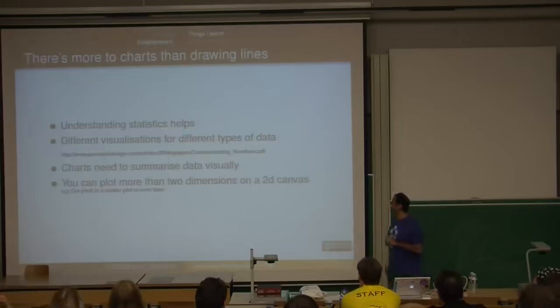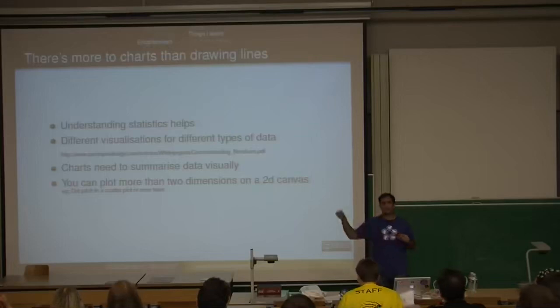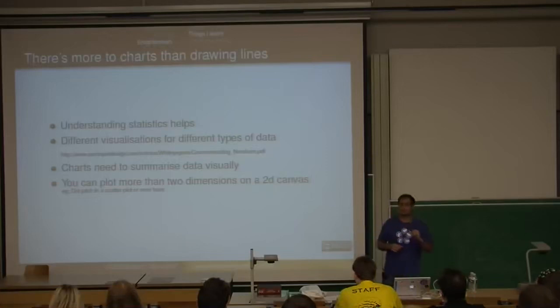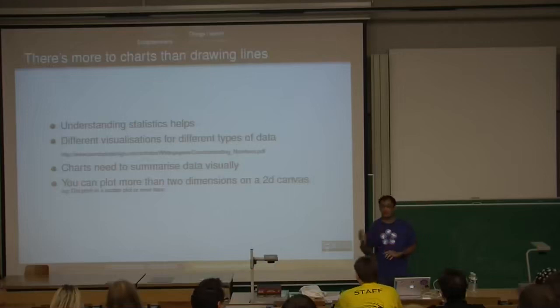And you can plot more than 2 dimensions on a 2-dimensional canvas. An example is if you take a scatter plot, you can just plot all the points where the x and y coordinates are, or you can plot bigger points at certain places and smaller points at certain places, indicating that this data is more important than that data. And similarly, using error bars, you can have 3 dimensions on that 2-dimensional data.